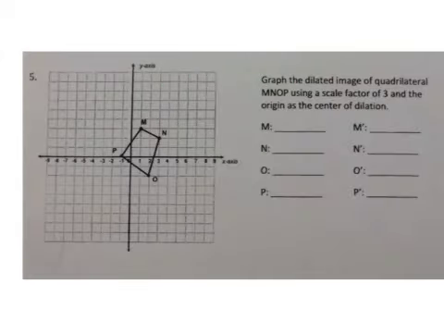Okay, so number 5, it says graph the dilated image of quadrilateral MNOP using a scale factor of 3 and the origin as the center of dilation. So scale factor of 3, so this means that we're going to have an enlarged quadrilateral. So point M, we're going right 1 and up 3.